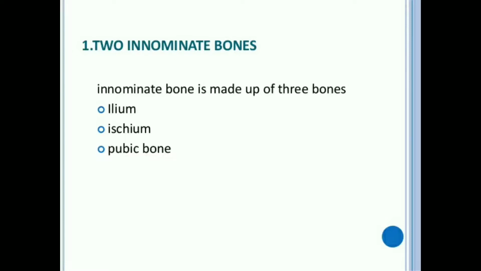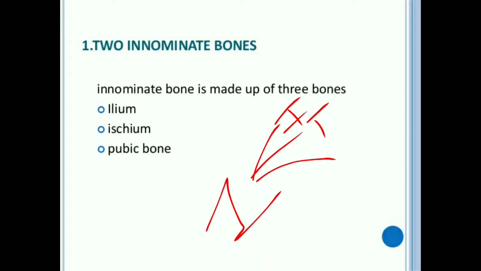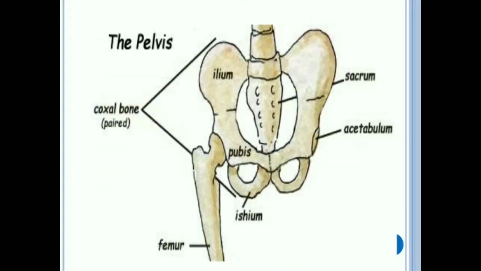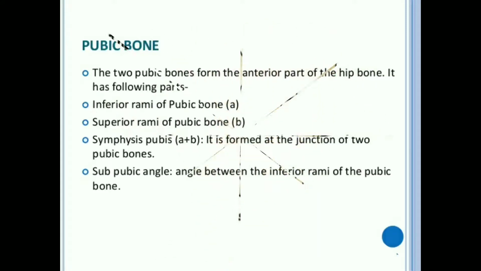So the 2 innominate bones I have told you about, 1 innominate bone is basically made up of ilium, ischium and pubis.